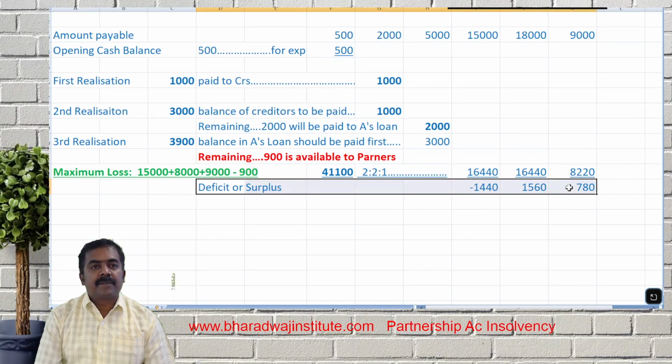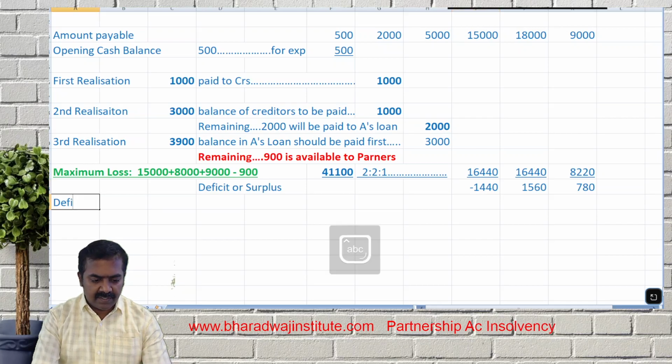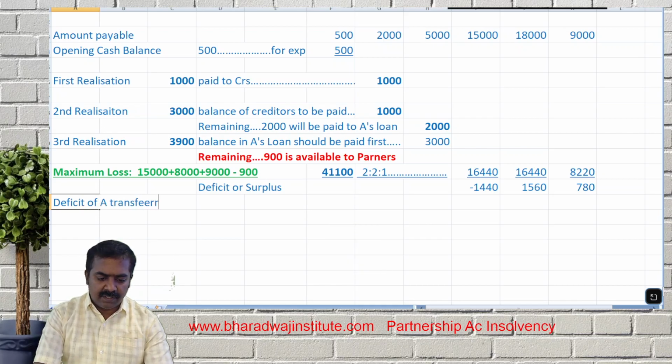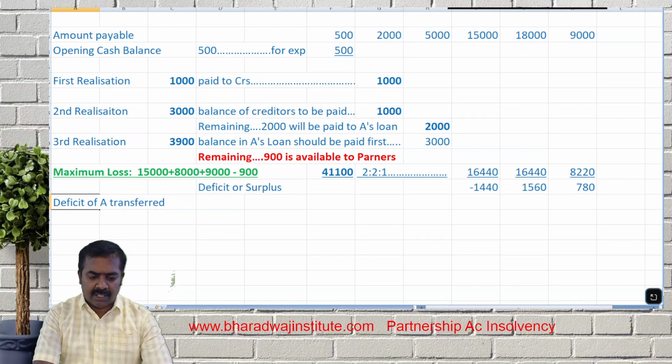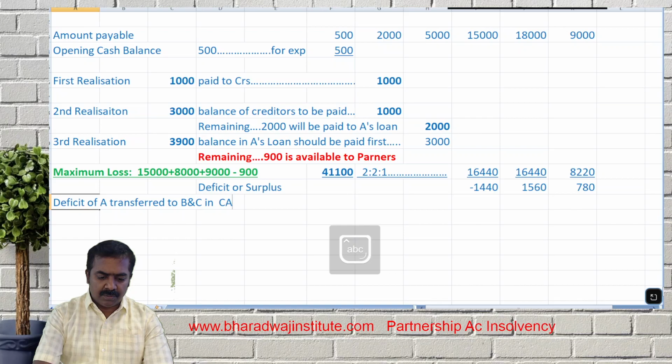Now coming back. What is the deficit? 1440. Now, listen. Deficit of which partner? A, transferred to whom? B and C. Don't copy this, I will give you sufficient time to copy. In which ratio? Capital ratio.